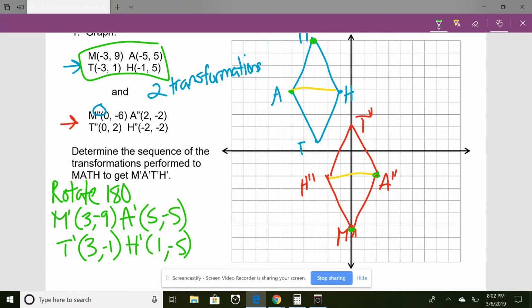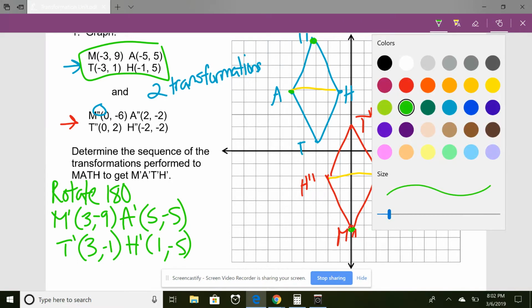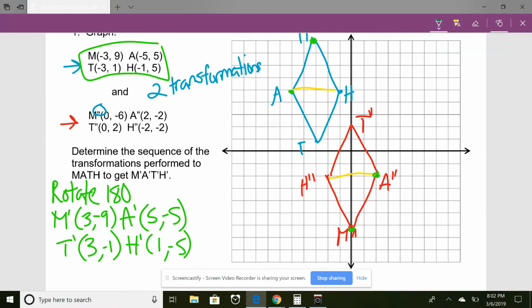And I'm going to graph my figure. Do this in like dark green. So you have M prime, which is 3, negative 9. A prime, which is 5, negative 5. My T prime, which is 3, negative 1.